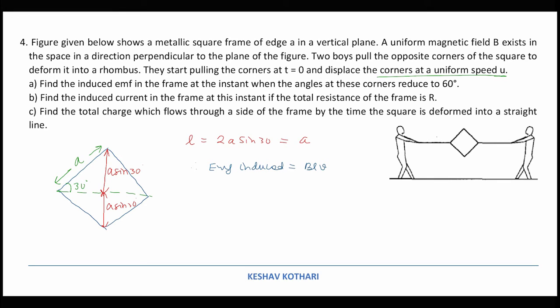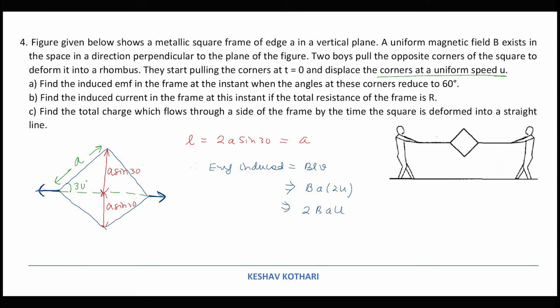Since both sides are moved with a speed u, the value of velocity which we are going to use is the relative velocity, that is 2u. So the EMF induced is going to become B into a into 2u, so the value is equal to 2Bau.